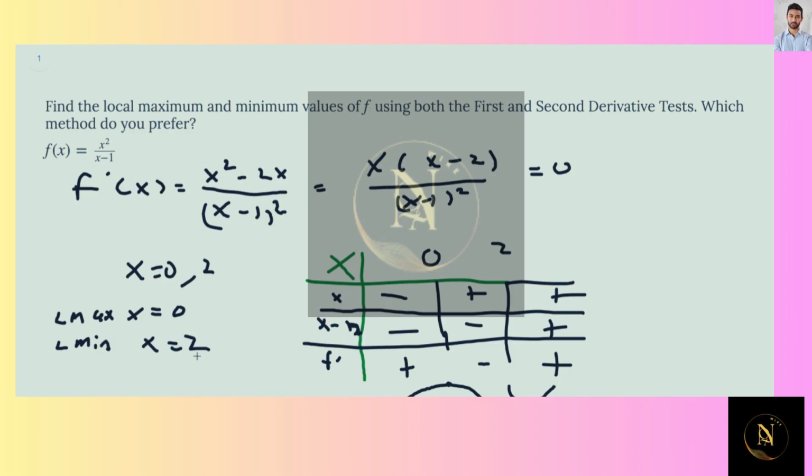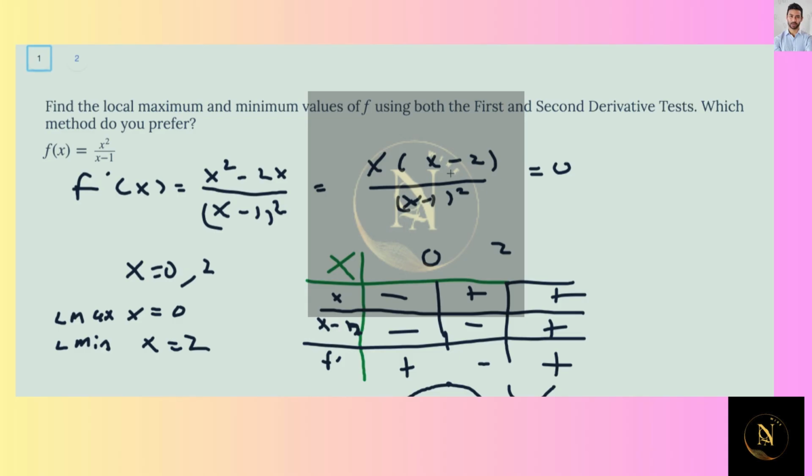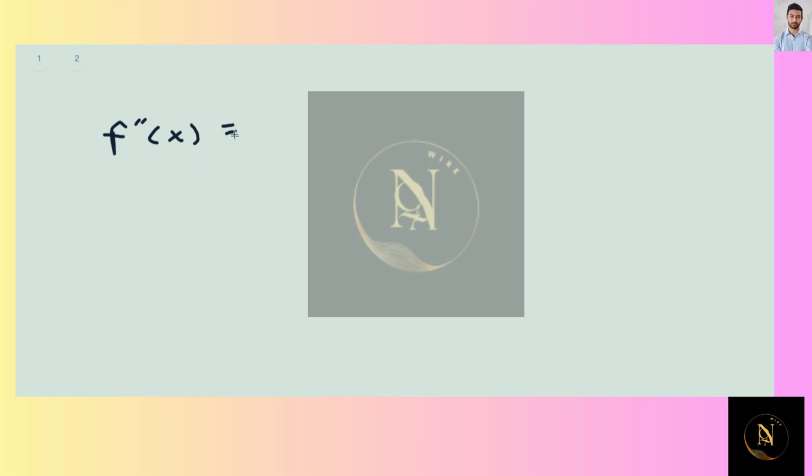So then for the second derivative test, what we do is we evaluate the second derivative at the points in which the first derivative was 0. So first we have to find the second derivative, and that comes out to be 2 over (x minus 1) cubed.